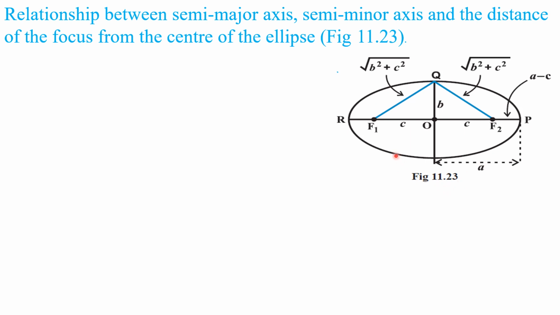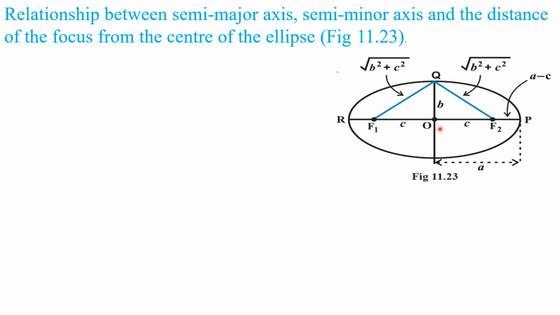Figure 11.23. Previously we have defined the length of the major axis, that is PP', length is 2a units. Similarly, this length is 2b units, length of the minor axis. Distance between the two foci is 2c units, and the length of the semi-minor axis is b units.